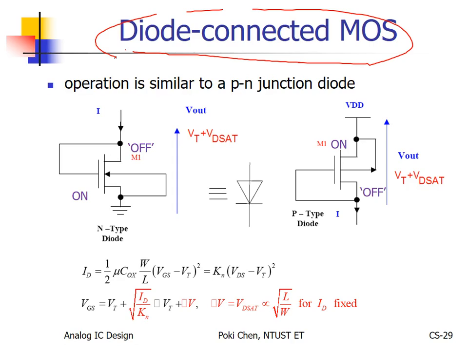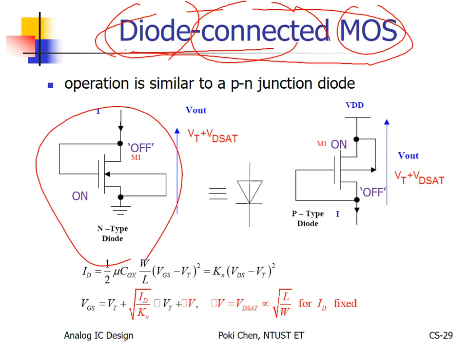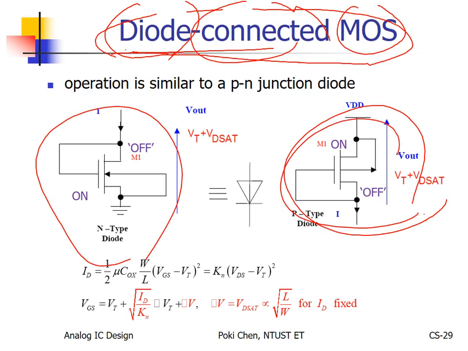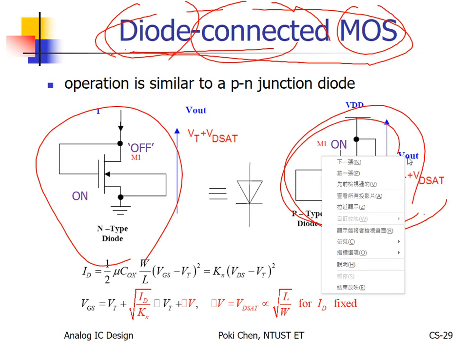Okay? Anyway, what I would like to preach to you is for such kind of self-bias, the so-called diode connected MOSFET, like PMOS or NMOS. This is for NMOS, that is for PMOS. But anyway, I only explain NMOS. For PMOS, similarly, think by yourself.